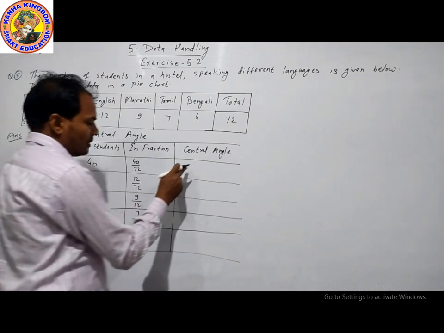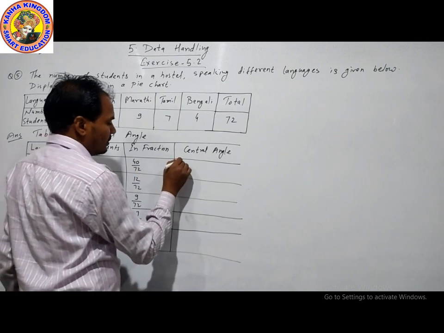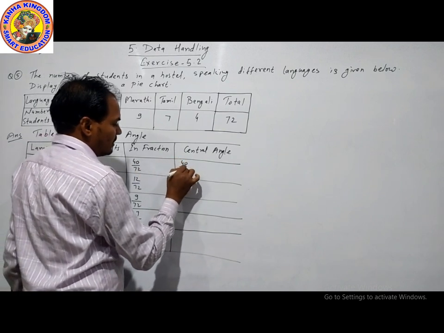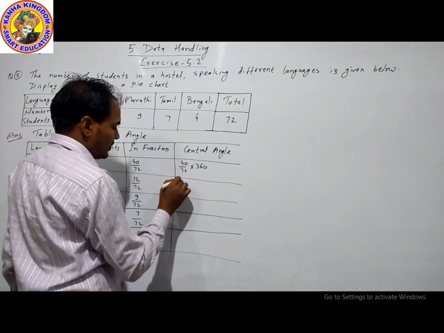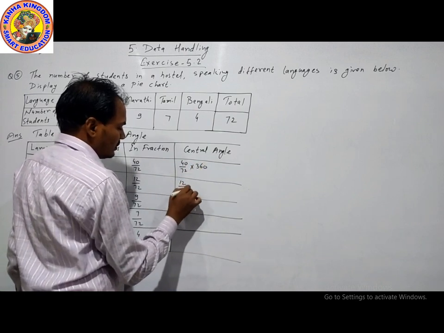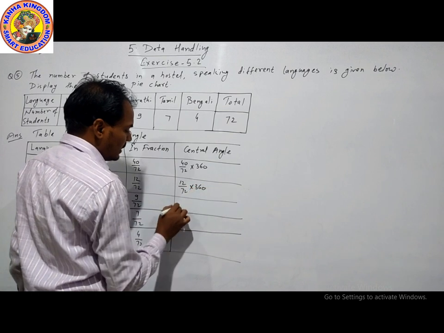Now, how to find the central angle? The fraction number is multiplied by 360.